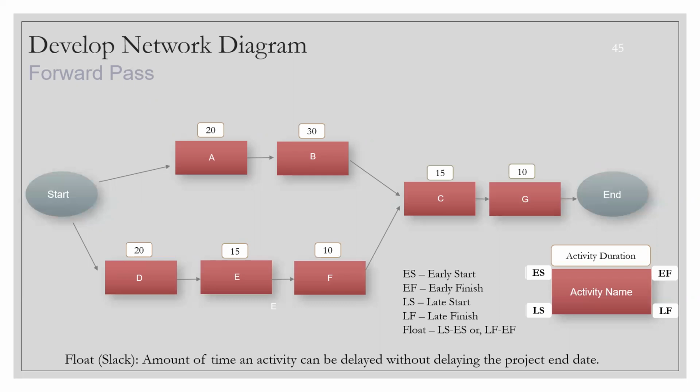So let's say I start off the forward pass from left to right. For activity A, my early start is 0. If I start on the 1st of September, then my early start is 0 and my early finish will be 0 plus 20, that is 20th of September.